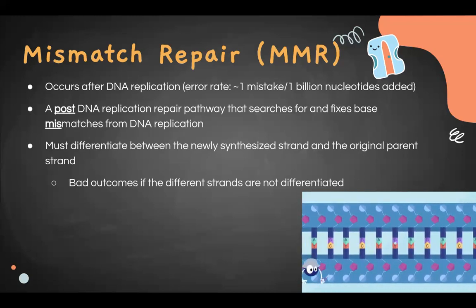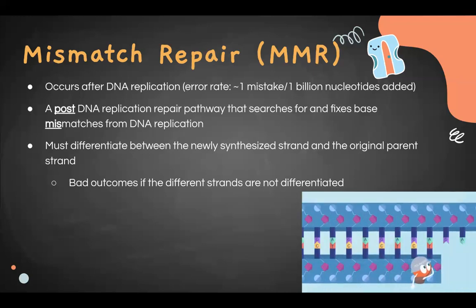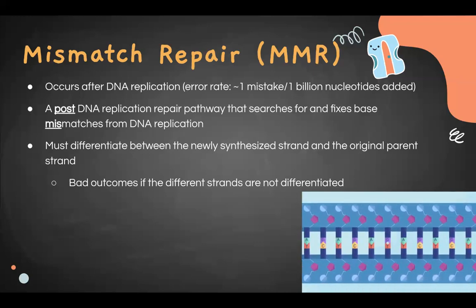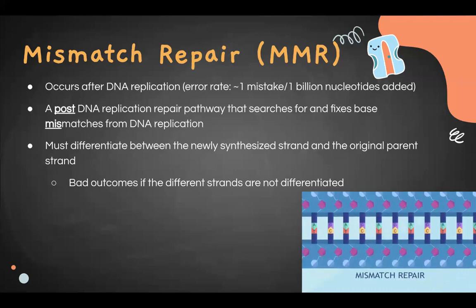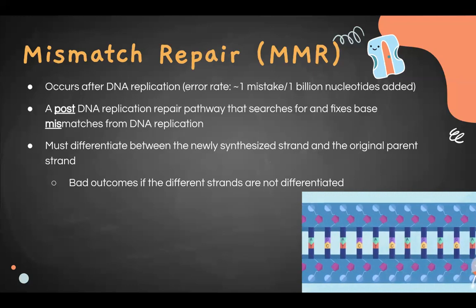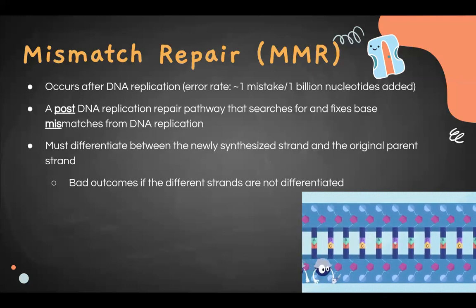It needs to know that the newly synthesized strand is the one with the incorrect nucleotide, because the DNA polymerase has been placing nucleotides to match the original parent strand while building the new strand. So the mistakes are in there. If there's a mismatch, it needs to know that the new strand is the one that needs to be fixed, not the original parent strand.